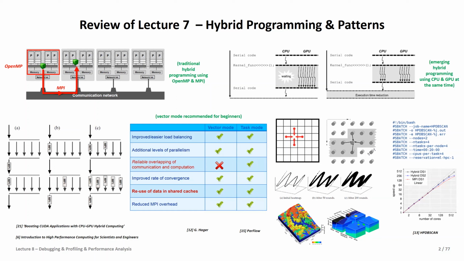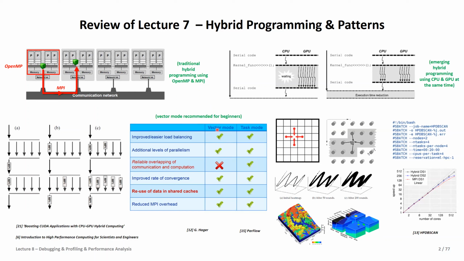When we then looked deeper into this in the subsequent part of lecture 7, we looked at two modes, what you would call vector mode and task mode, where you keep OpenMP and MPI a little bit apart from each other.